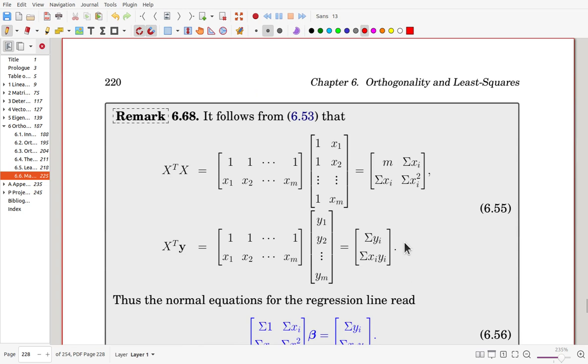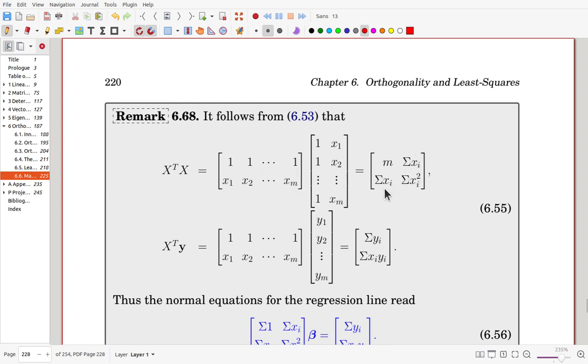Okay, now we look at the system in this way. Here, for linear regression, linear line, we always have x transpose x, then this is x transpose and that is x. This dot product will make m, and that dot product will make a summation of xi.